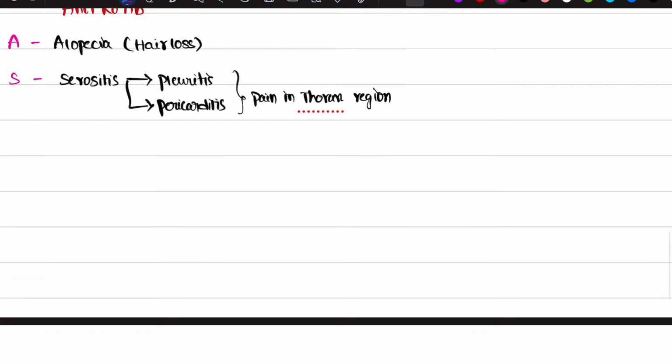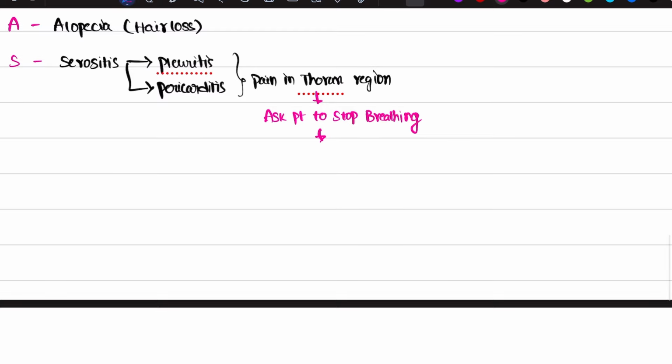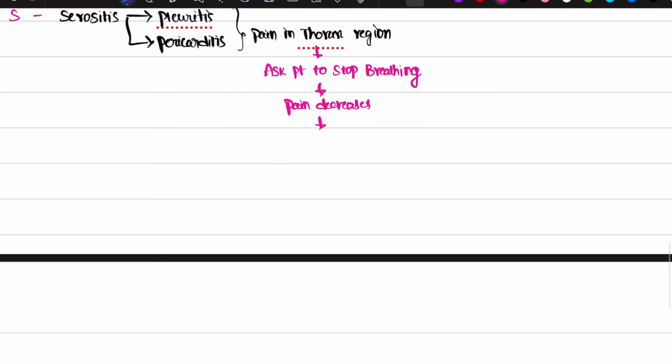So how to differentiate? You ask the patient, PT meaning patient, to stop breathing. If he stops breathing and the pain decreases, then we confirm it as pleuritis.